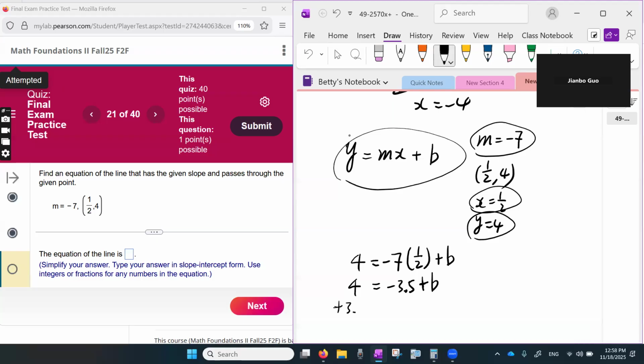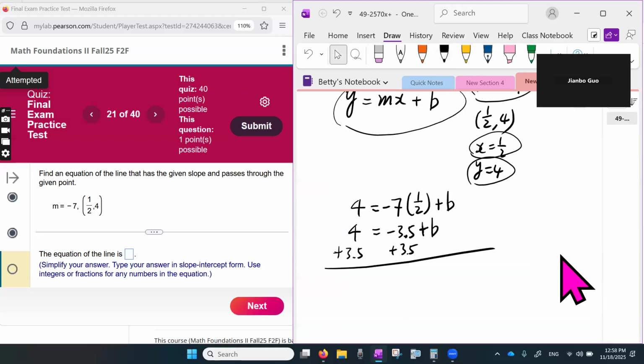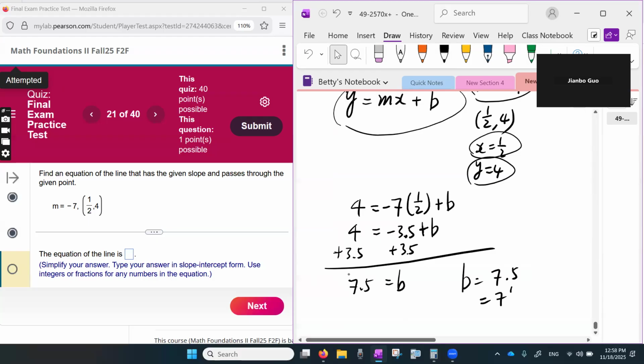If we add 3.5 to each side, we would have the value of b. 4 plus 3.5 is 7.5, that is b. And b is 7.5, right? That is 15/2. You can double check, half of 15 is 7.5, right?